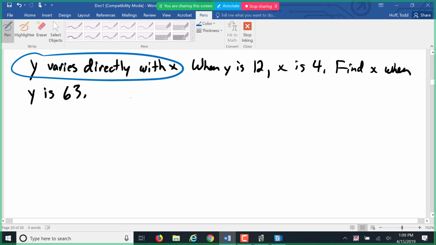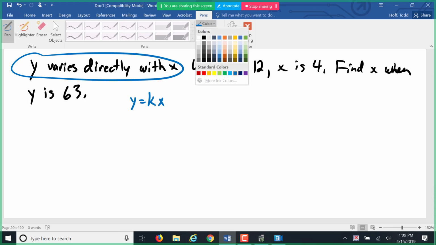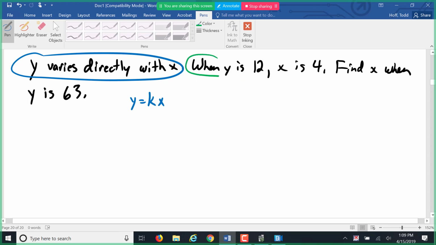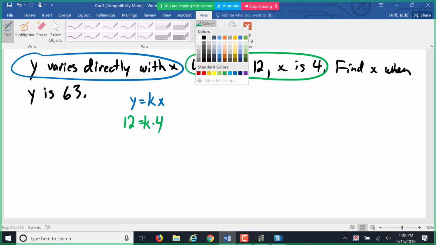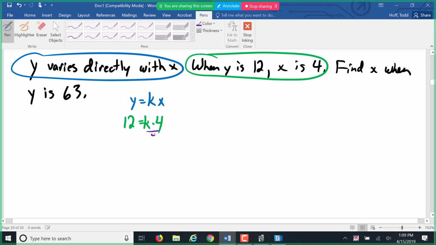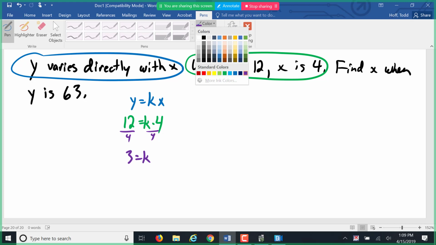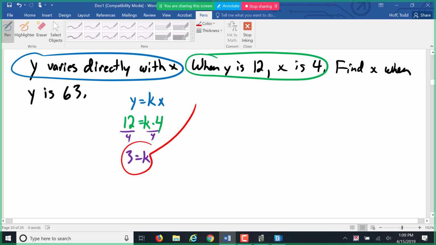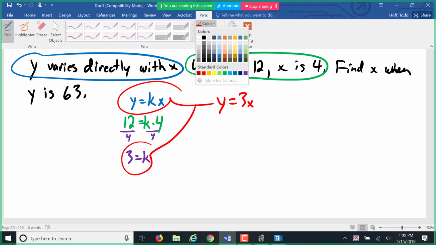Y varies directly with x, tells us y equals a constant times x. When y is 12, x is 4, we put 12 in for y, 4 in for x. We divide by 4 to solve for k to get 3 equals k. So that tells us that y equals 3x.